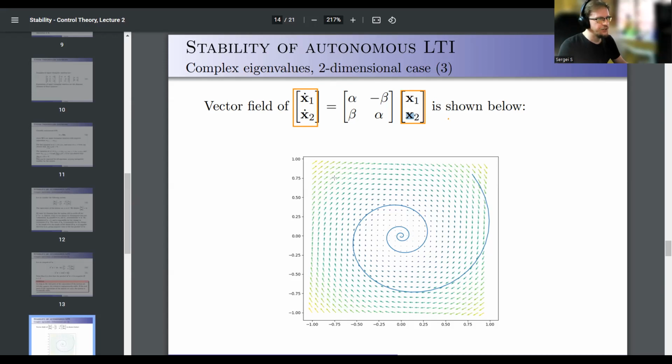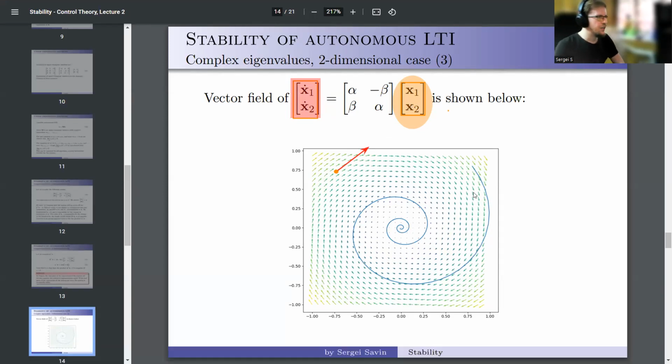Somewhere here is an x. From this x, we can draw an arrow like this. This arrow is this x dot. And we can draw those arrows for all x's, and that is what we draw here.